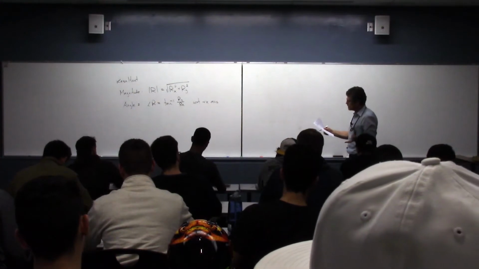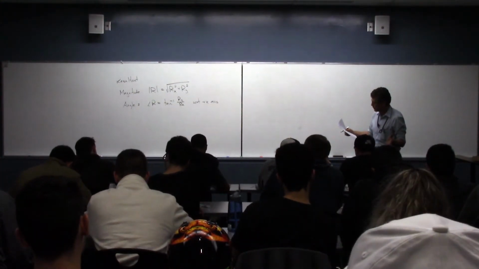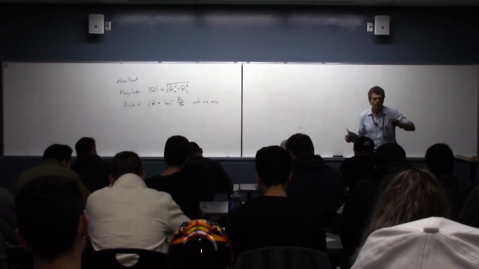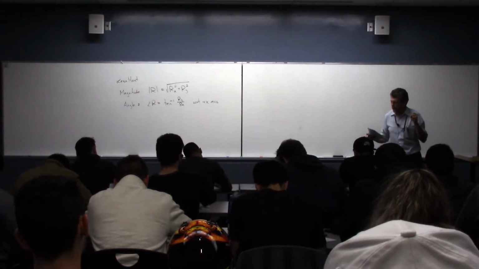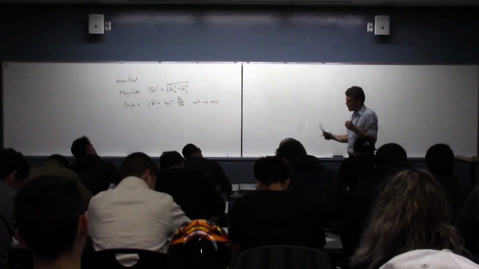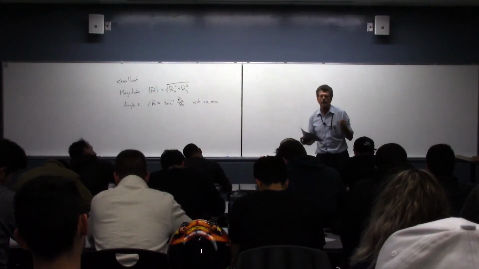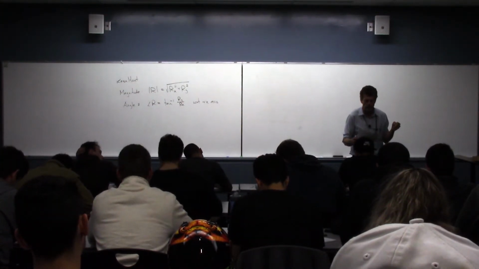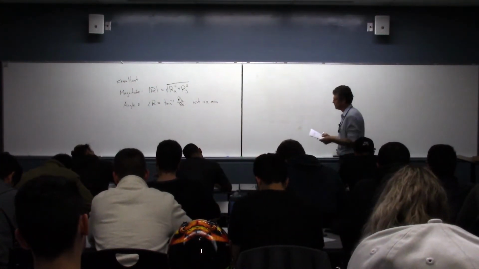But the key thing is that we've got this cable, BD, that we're going to tighten up to some sort of value. What value do I need there? I need a 720 Newton component that's perpendicular to the pole.